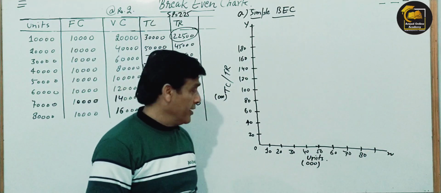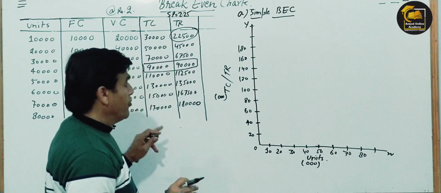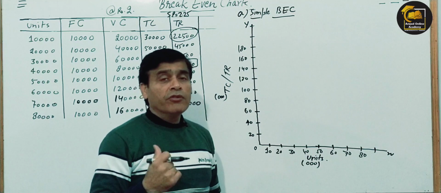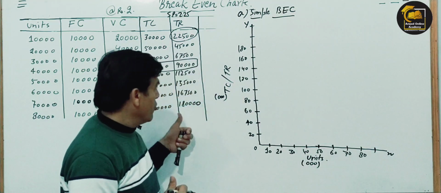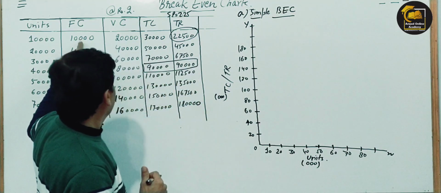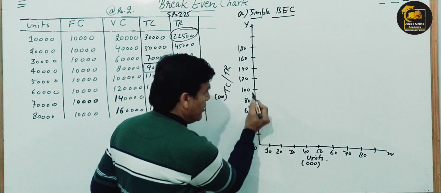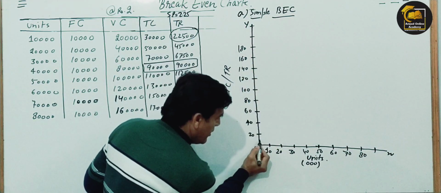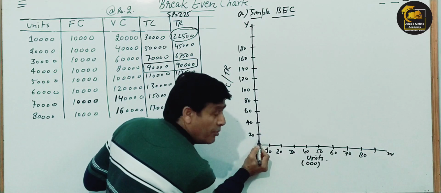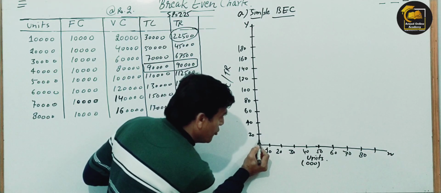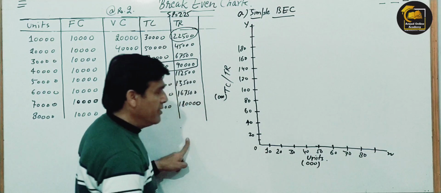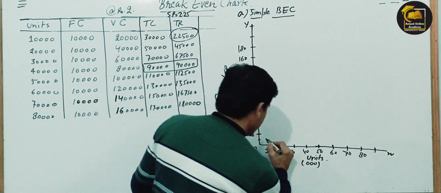So if we decide like this, for our own reasoning purpose, and draw the fixed cost curve here, look here, the 10,000. If you find the 10,000 here on the y-axis, it is a little bit below the half of this portion. It will strike here, and it will be a straight line.